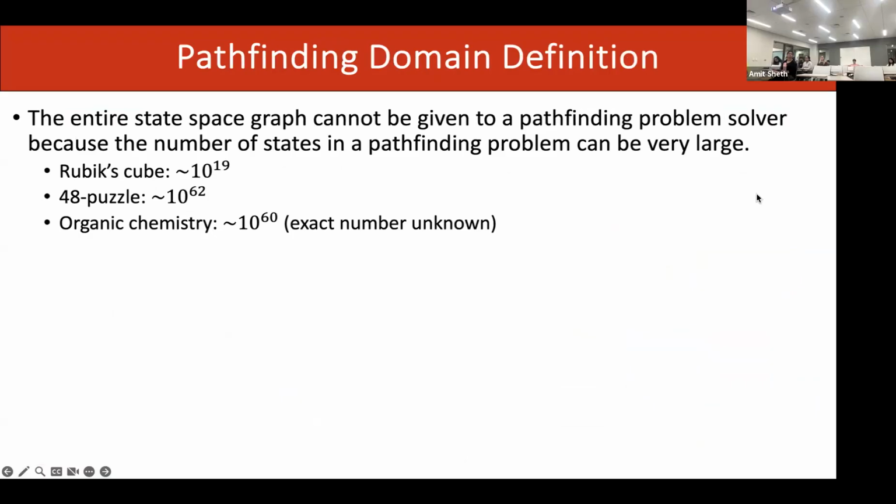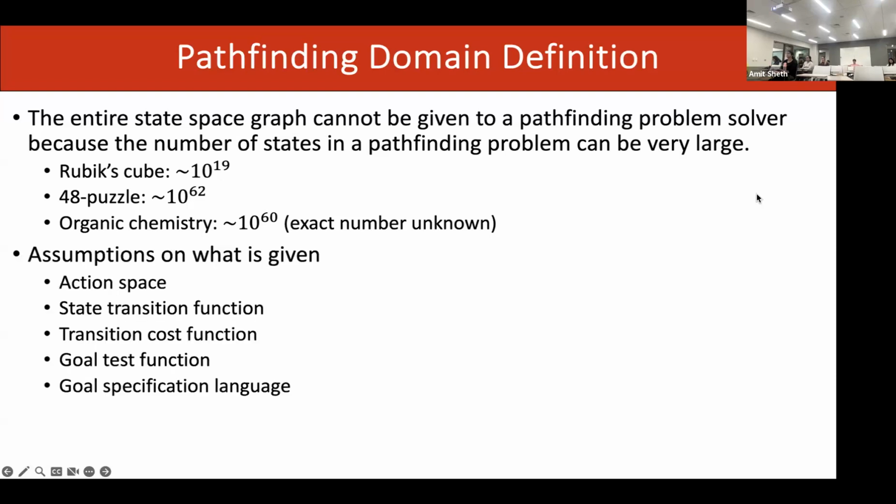Now, the size of the state space of these pathfinding problems can be very large. So 10 to the 60 may be something that you see, but even this, for say organic chemistry, is probably much larger than 10 to the 60. So you can't brute force these solutions. But what we assume that we know is we know what actions we can take.